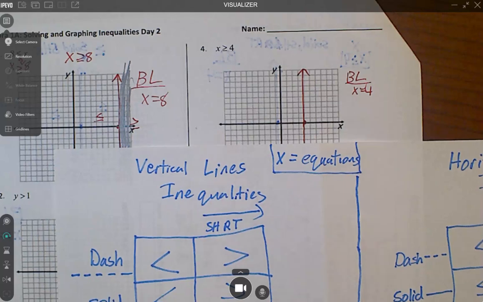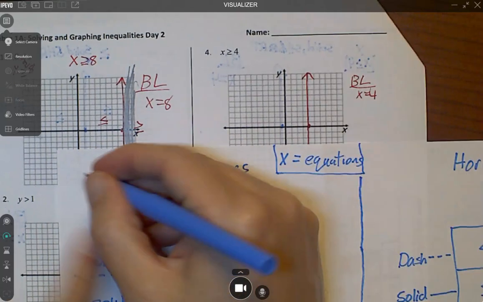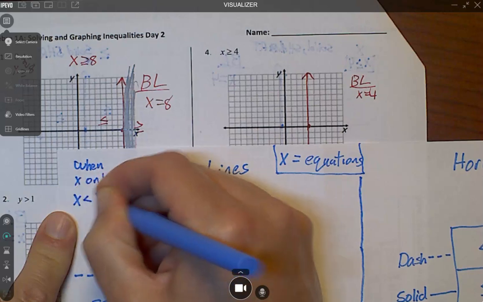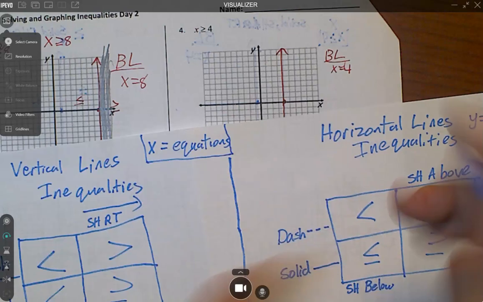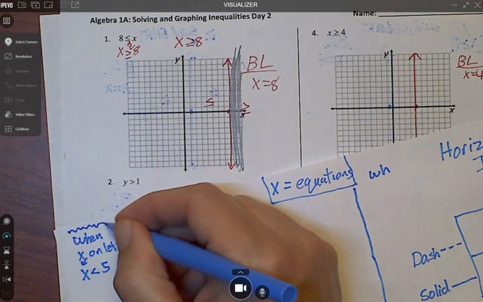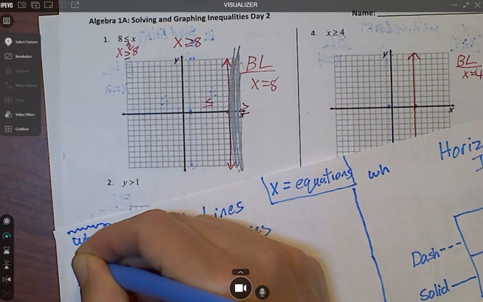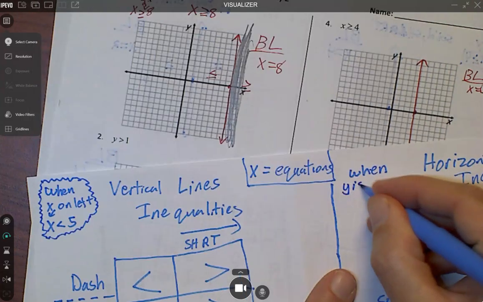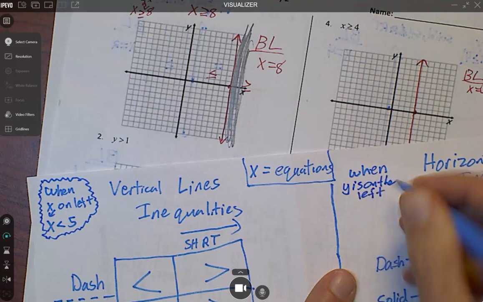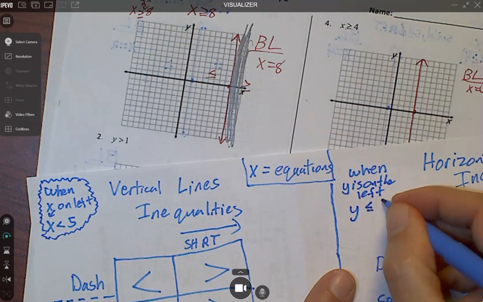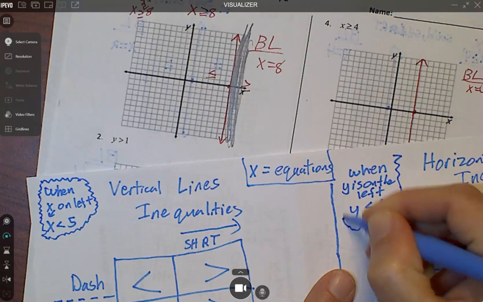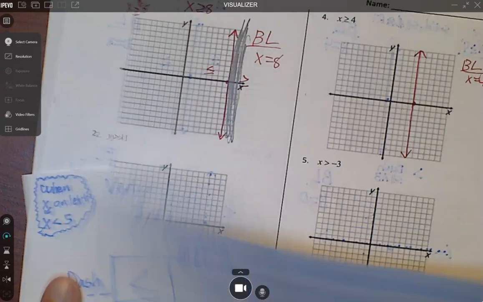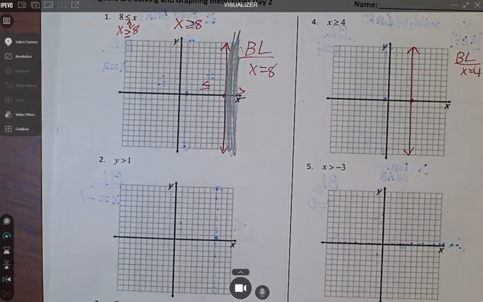I'm trying to think of something I need to add to this. It only works when y's on the left, or x.